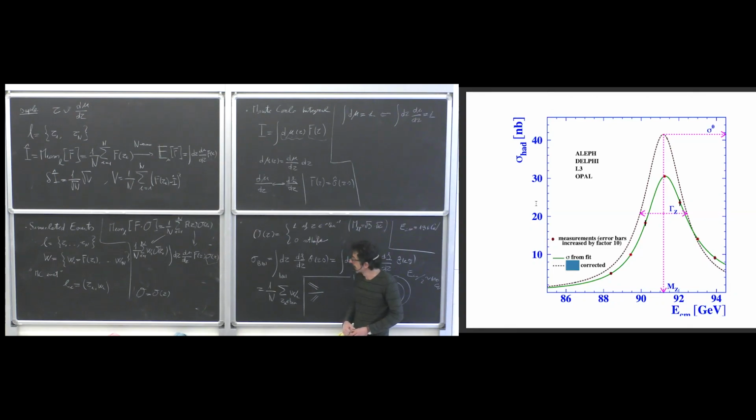Now, it's a bit more difficult to model, in the sense that before we could just recycle the previous calculation, just changing the center of mass energy. But now the particles are not exactly colliding head-on. They are not moving along the z-axis, so it's a bit more cumbersome to make a good simulation of this effect. But yes, you do also have this effect.